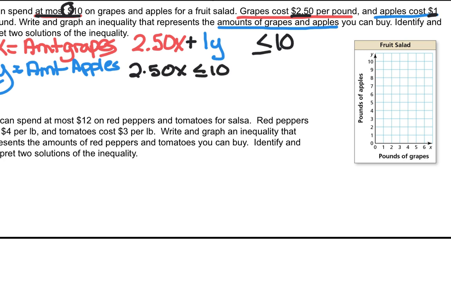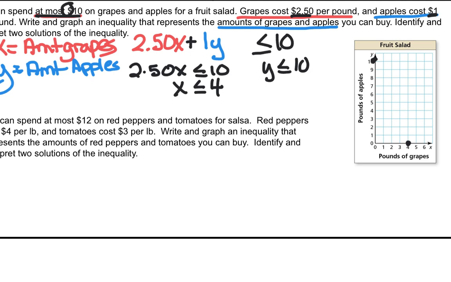We cover up the y, right? So x would be less than or equal to 4. And then for my y it would be less than or equal to 10. So my y-intercept's 10, and this is 4, my x-intercept.